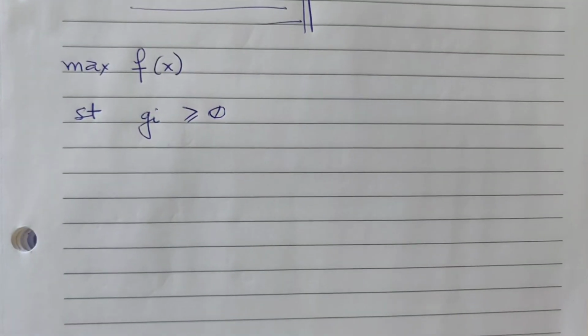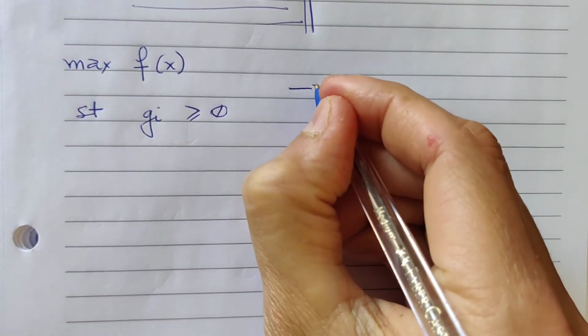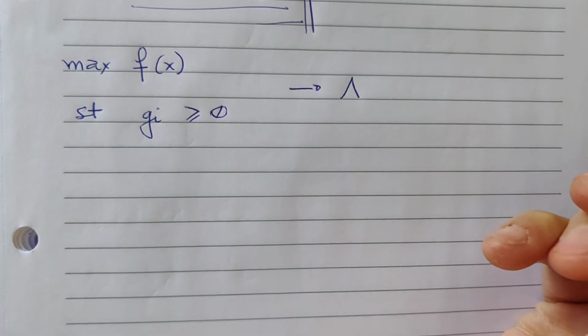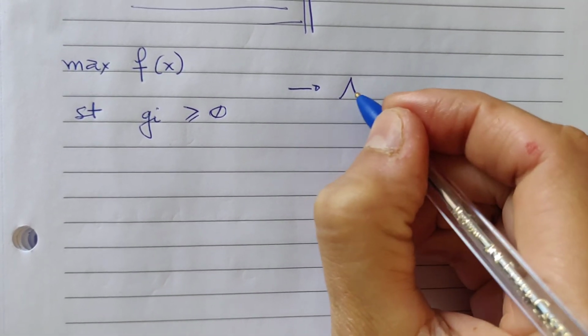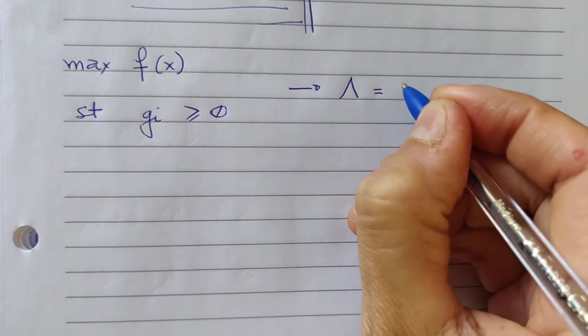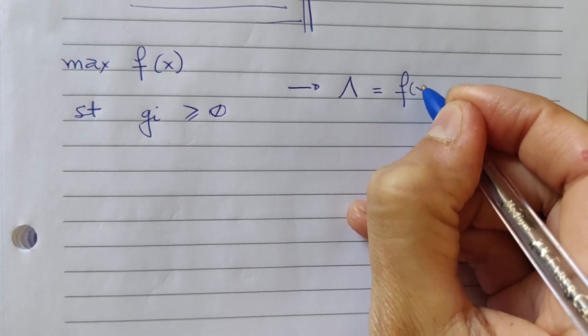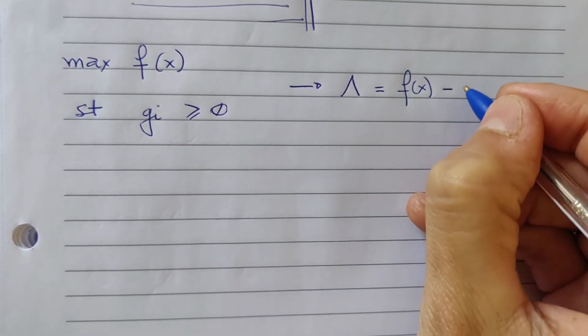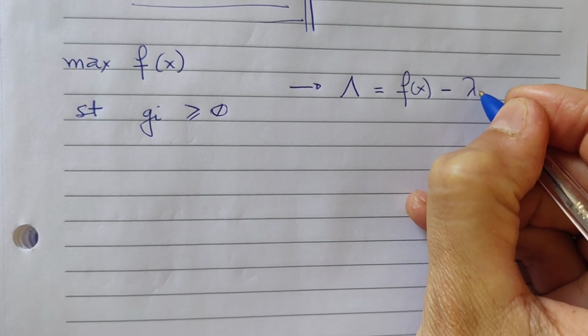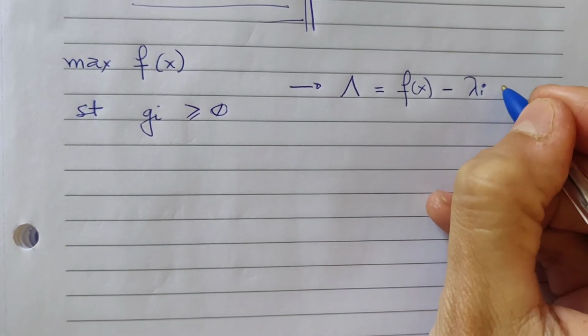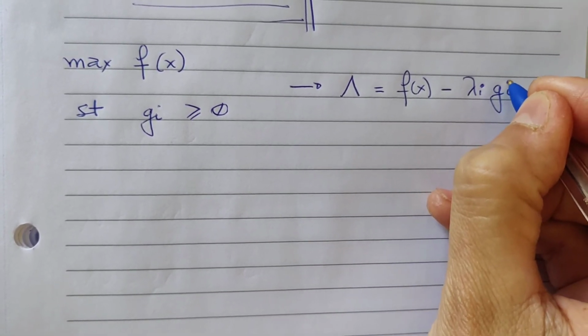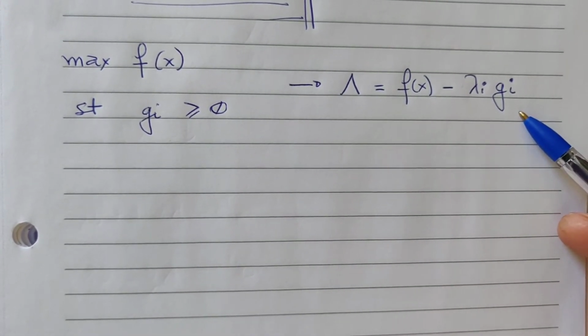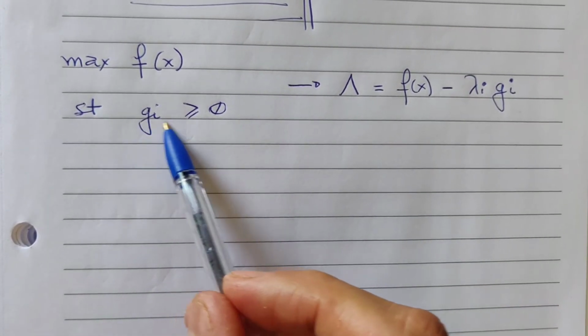If this is a maximization problem, I should write my Lagrangian in terms of f of x minus some Lagrange multiplier multiplied by my gi, solved for the equality equals 0.